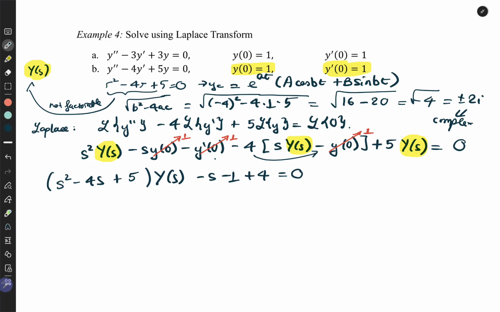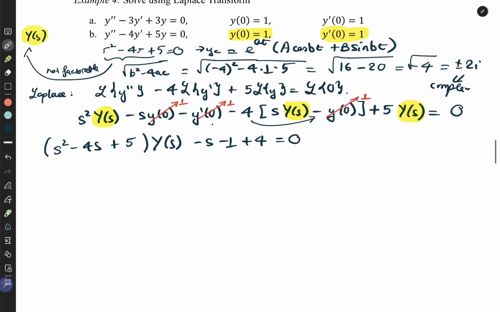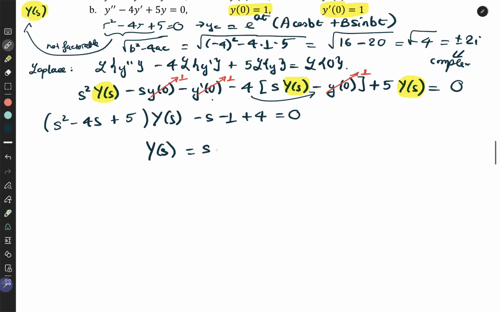Now it's a very basic step: we're going to solve for Y(s). Move everything to the right hand side. I have s, and negative 1 plus 4, that is plus 3. Subtract both sides by 3, I have negative s plus 3, divided by s squared minus 4s plus 5.